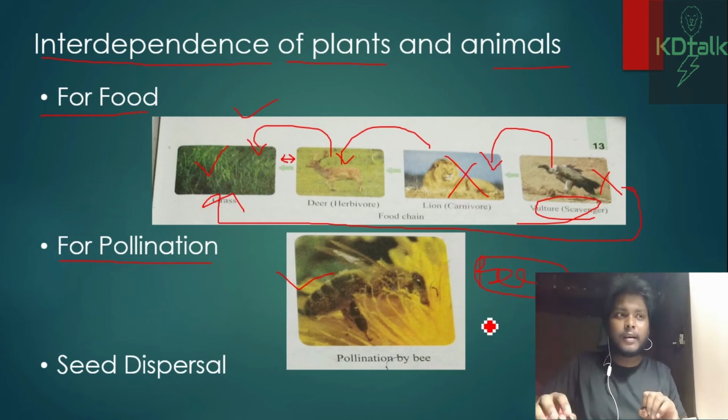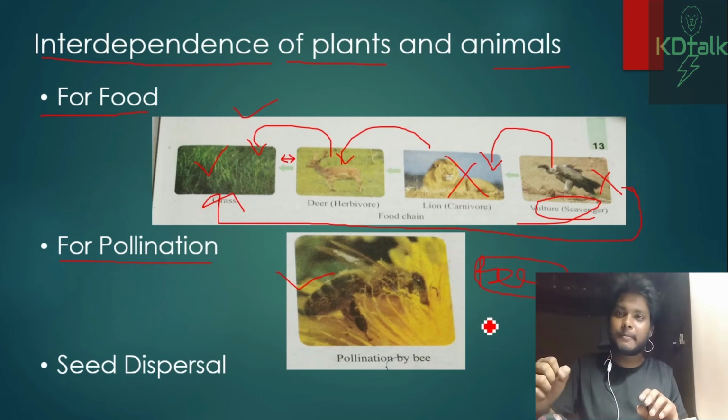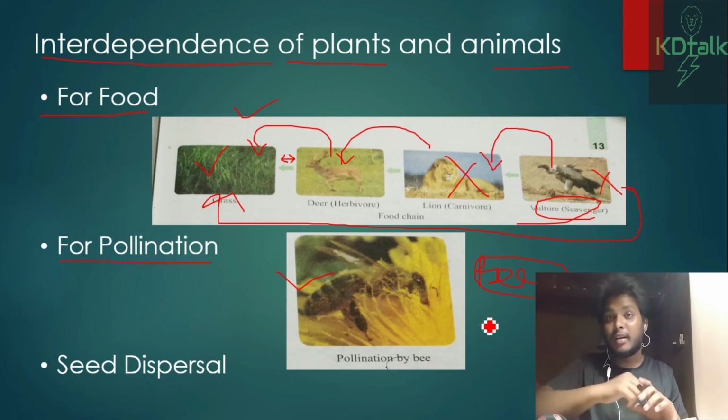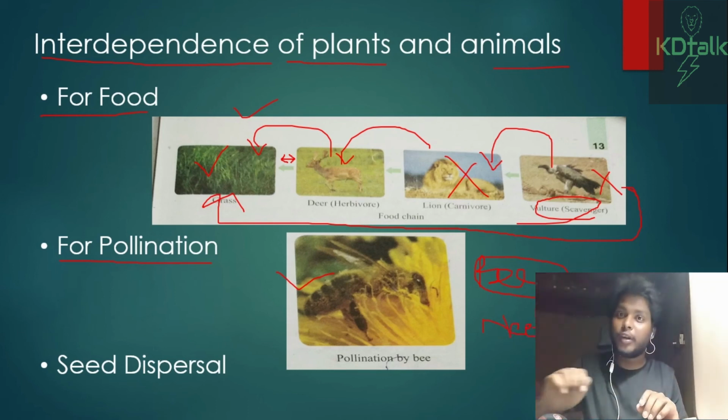Okay. And the bee or the butterfly, why will they come and sit on the flower? Because the plant attracts them. It means the plant produces different kinds of flowers, different colors of flowers, and they also have nectar, which is food for these pollinators.